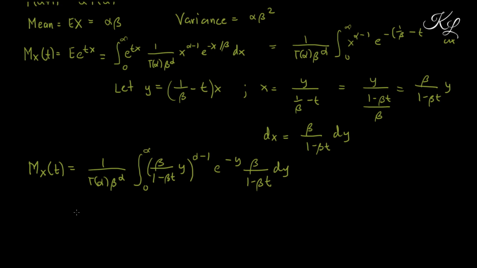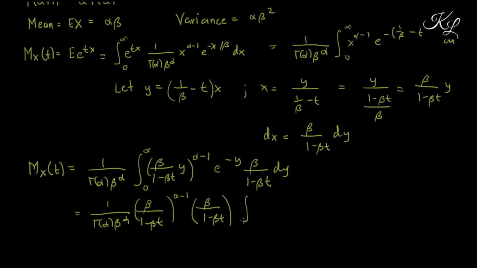Then let's move out the constants from this integration. For the constant in here, let us move it now. Then for the constant in here, let me write it in here.